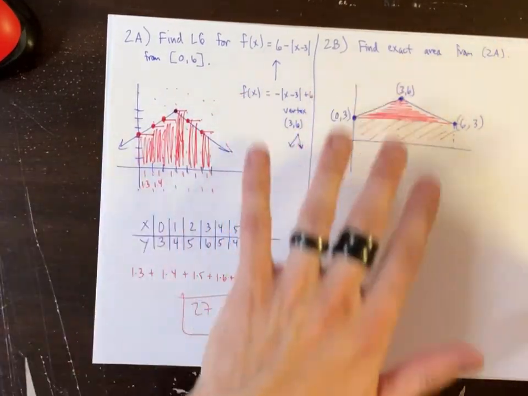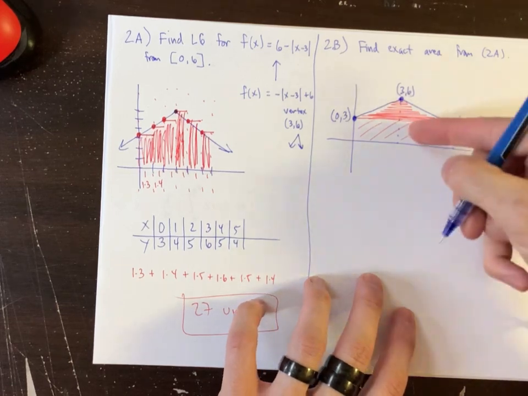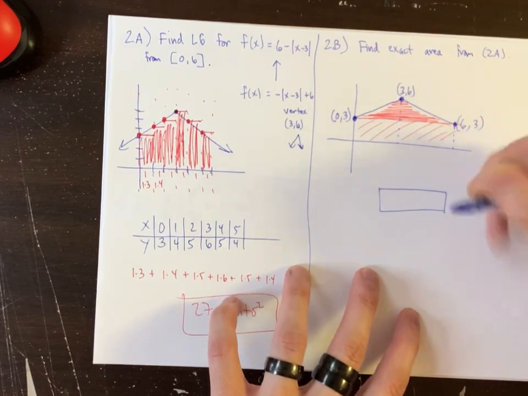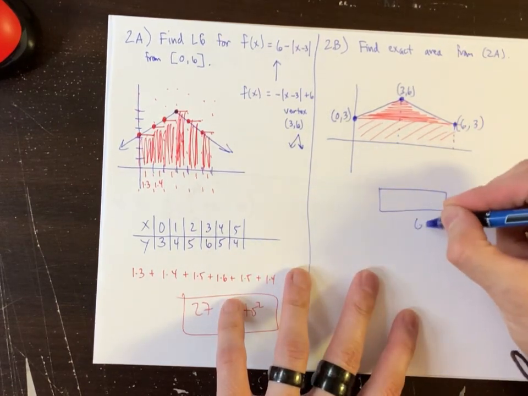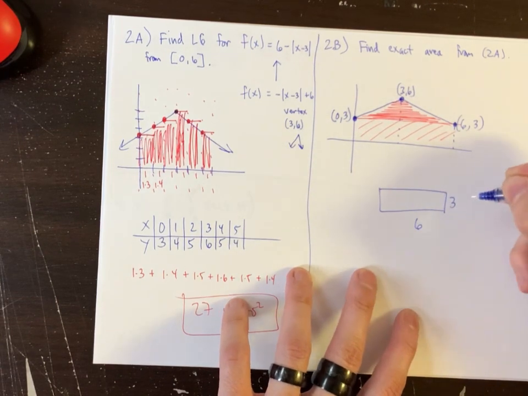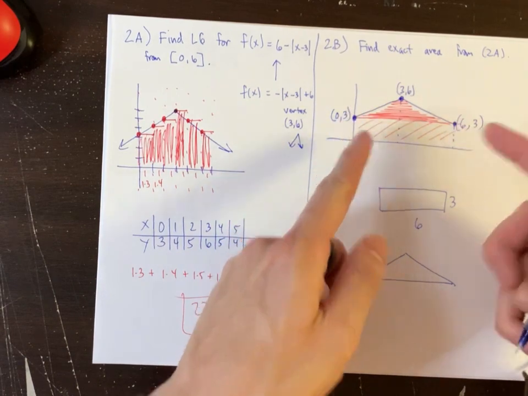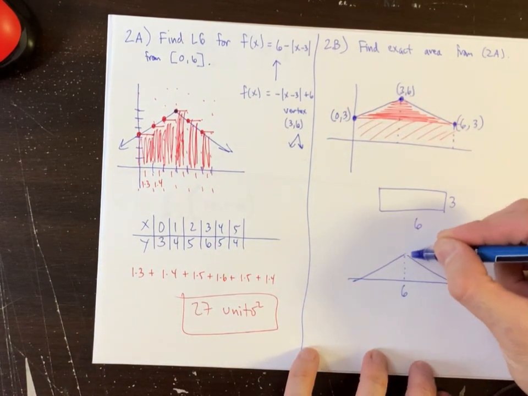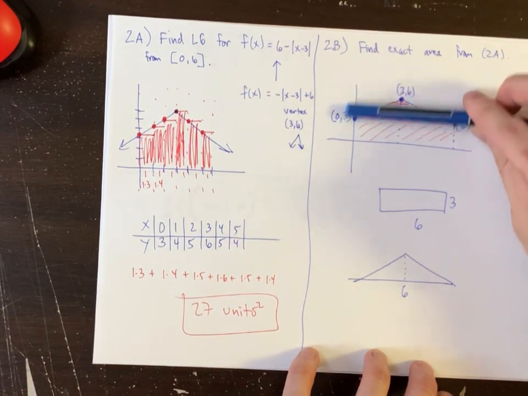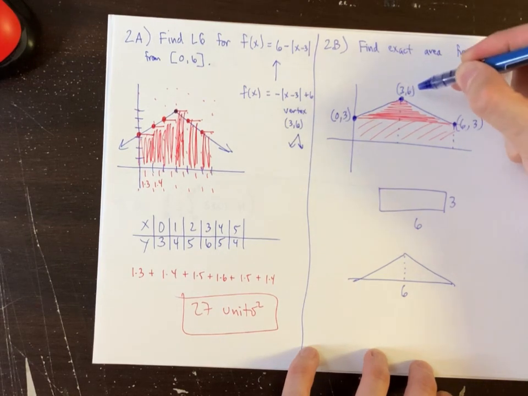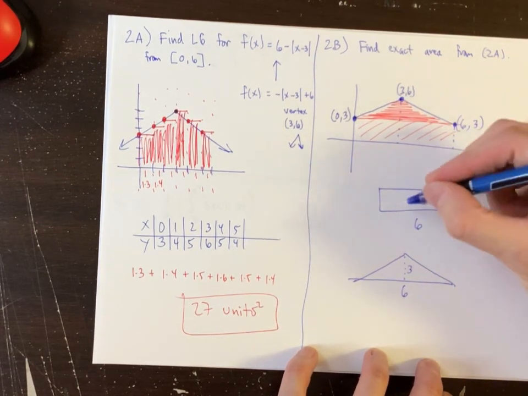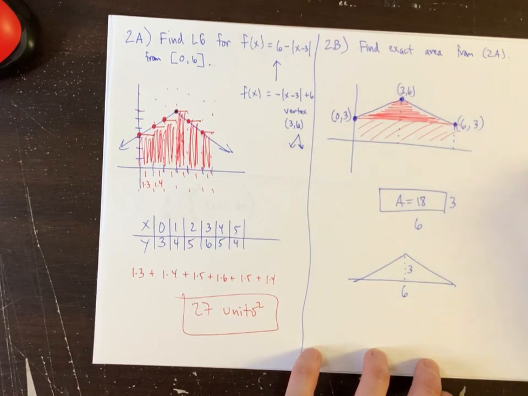So let me look at this problem as the rectangle and the triangle. So for this rectangle, this width here is 6 and the height is 3. For the triangle above it, it has the same base as the rectangle, 6. But the altitude is how far up it goes. Well, if it goes from 3 to 6, that means the height is 3. So the area of the rectangle is 6 times 3, which is 18.